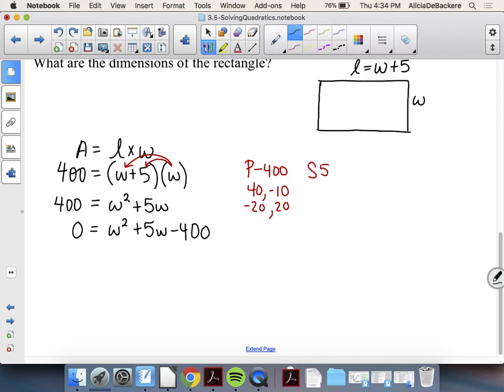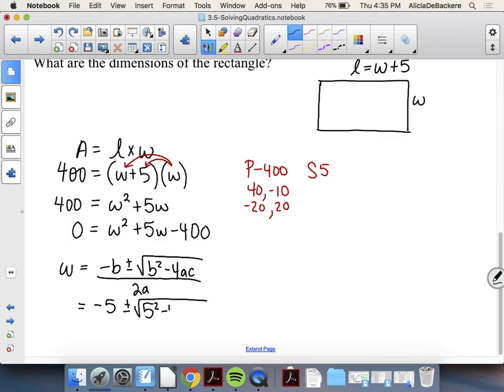Again, I don't have an x variable, so it's W equals negative b plus or minus the square root of b squared minus 4ac all over 2a. I'm going to sub in my values. My b value is 5. My a value is 1. My c value is negative 400.